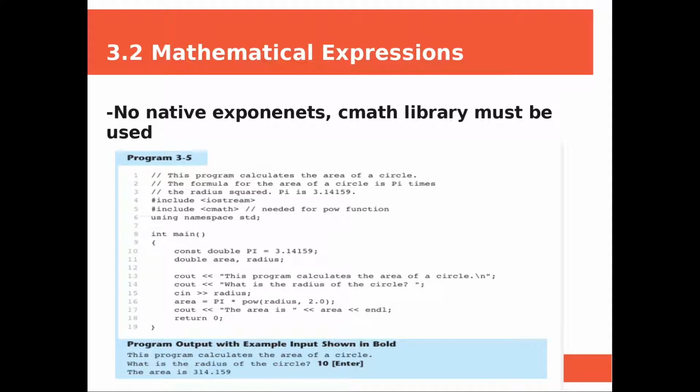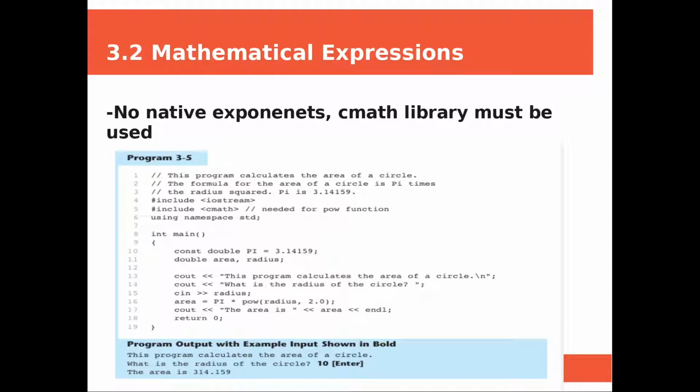If you want to get exponents to work, you've got to include the cmath library. There's multiple ways of doing exponents anyways, such as making your own, multiplying a number an arbitrary amount of times.